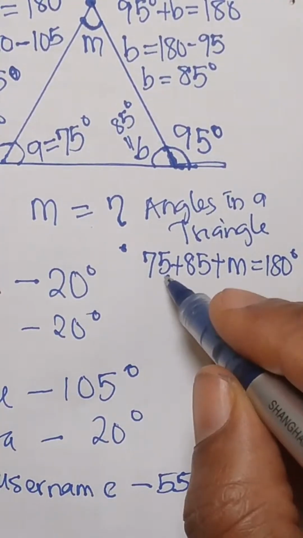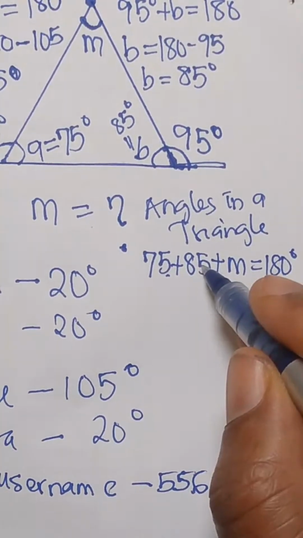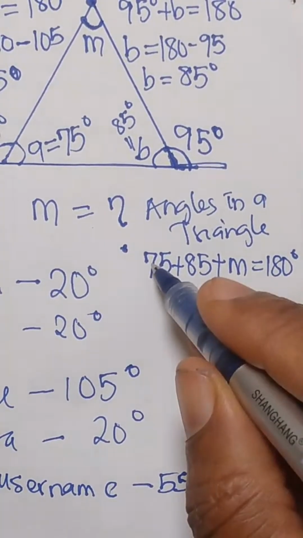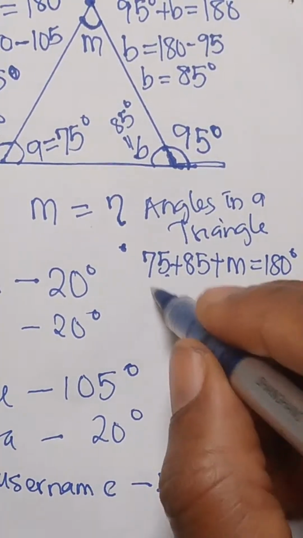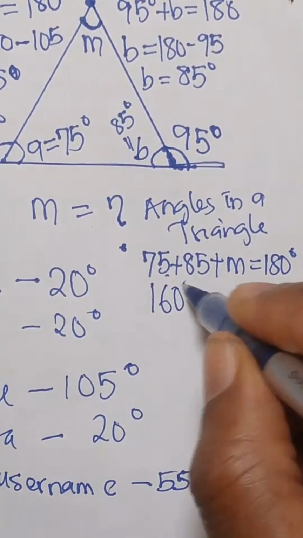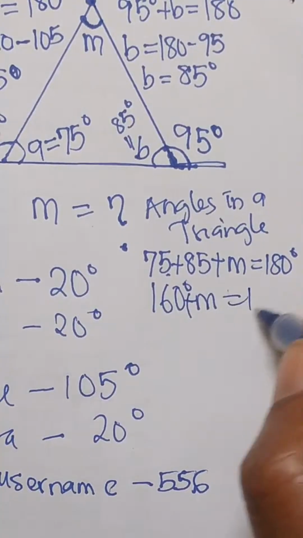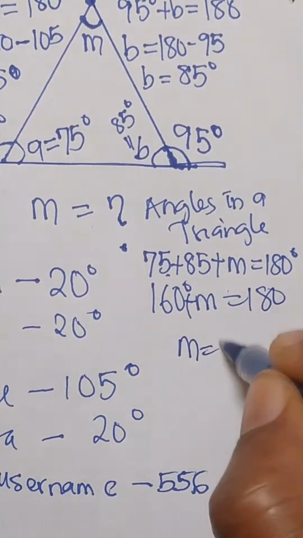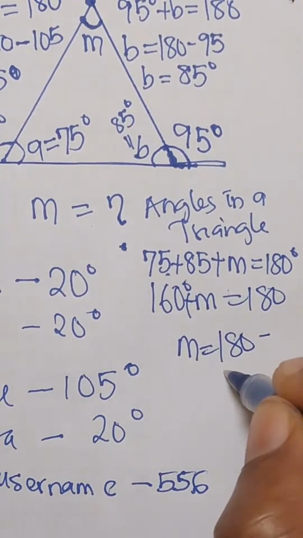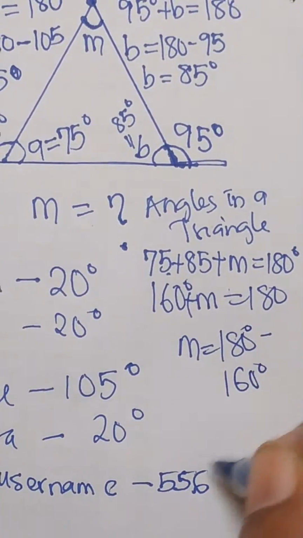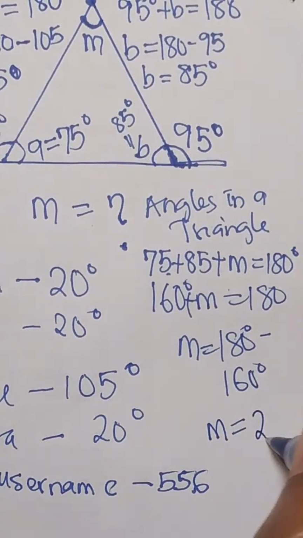Then we add 5 plus 5 here. 85 plus 5 will give us 90. 90 plus 70 will give us 160. That is 160 degrees. 160 plus M equals 180. So M is equal to 180 minus 160 degrees. All right, and M is equal to 20 degrees.